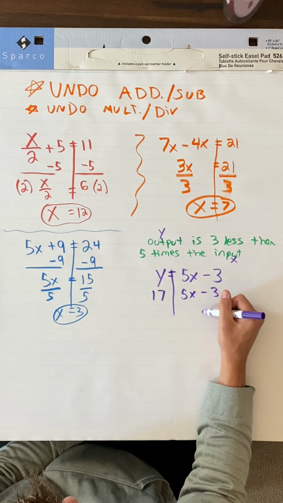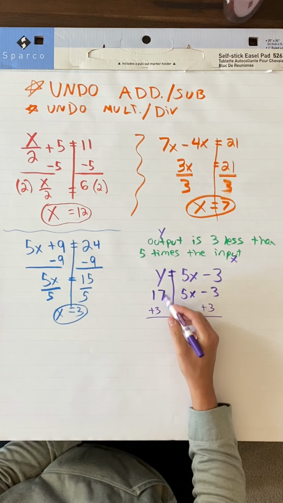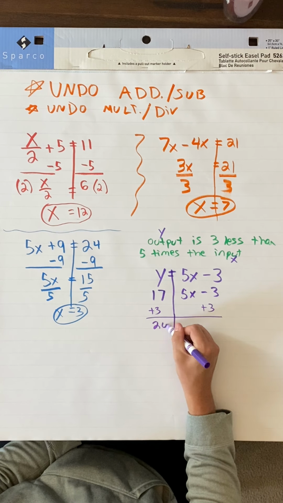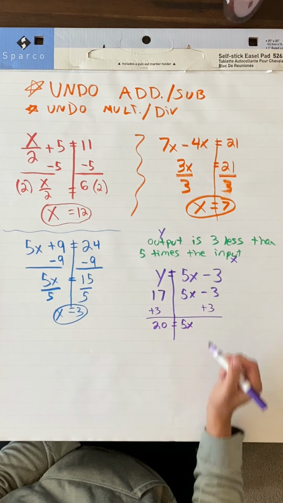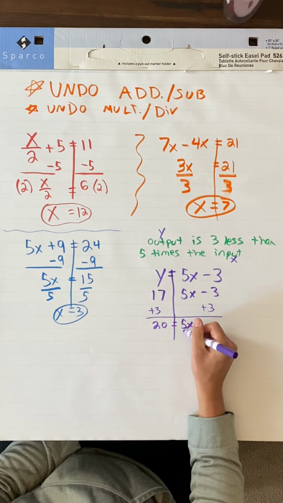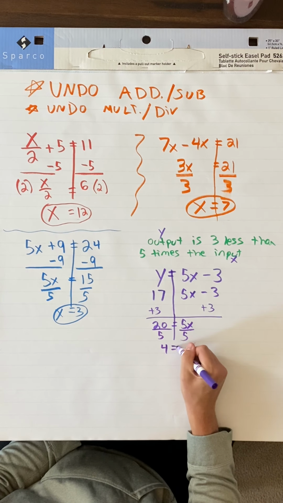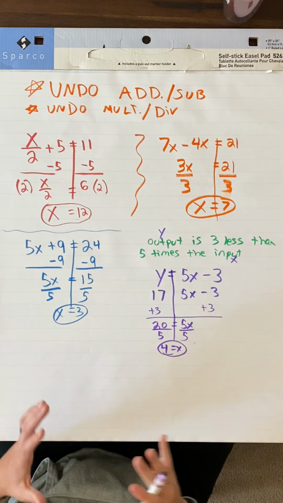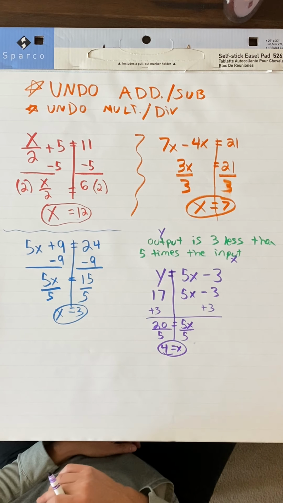So we're going to add 3 to both sides. 17 plus 3 is 20. This cancels. So we have 20 equals 5x. Divide both sides by 5. 4 equals x, or x equals 4. The proper way to write it would be x equals 4.